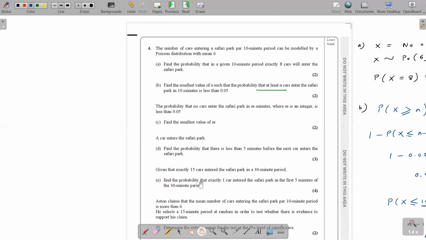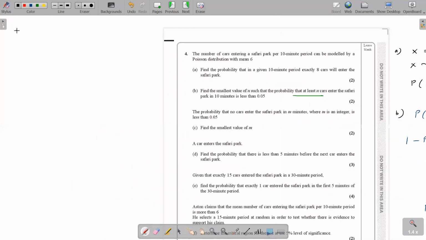Now because it's m minutes, you have to get a new variable. So shall we define it in part C? Let's give it the letter y. y is the number of cars in m minutes.